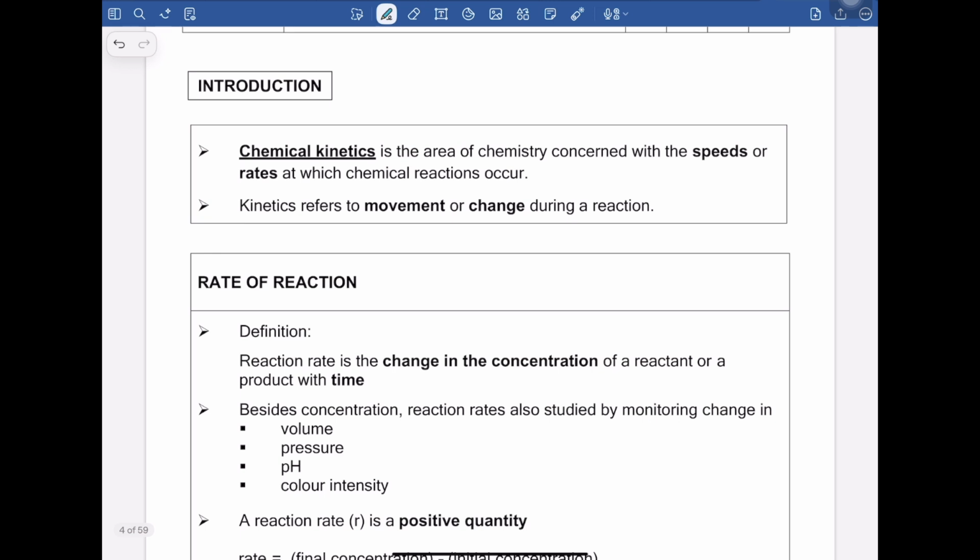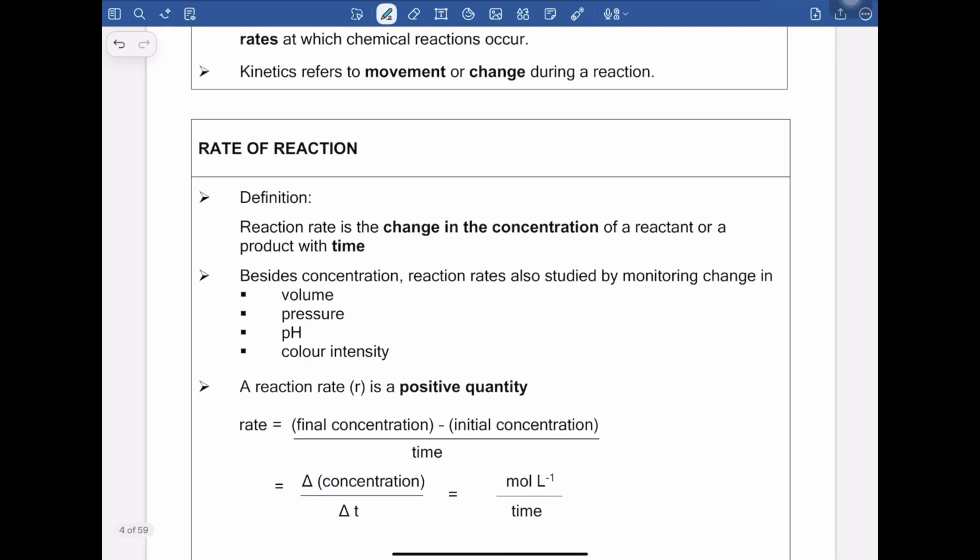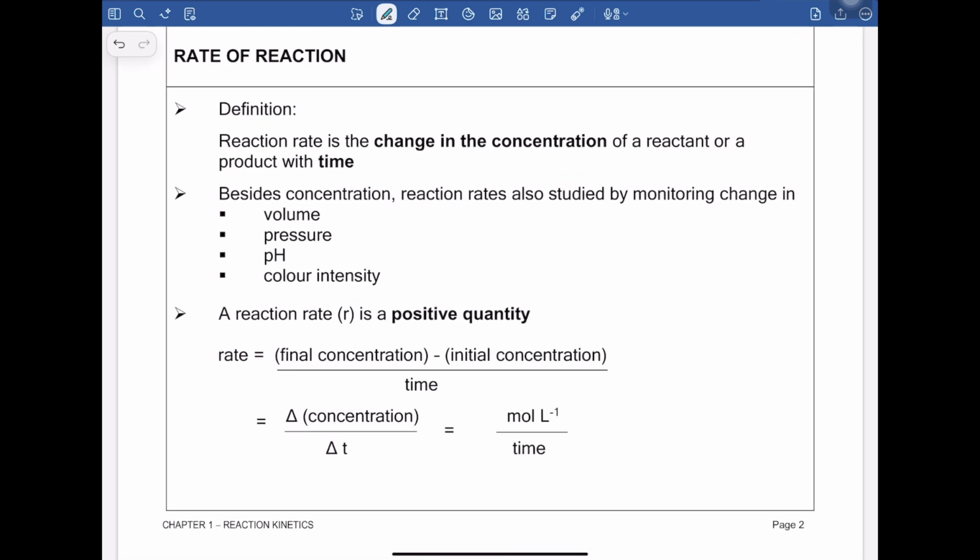When we are talking about rate of reaction from a chemistry point of view, we are talking about how the reaction changes over time. When we're talking about reaction change over time, we usually focus on the concentration.